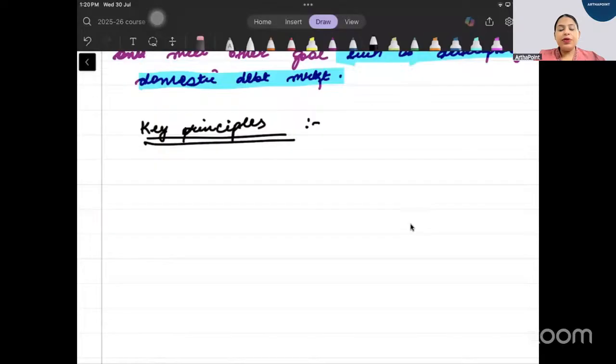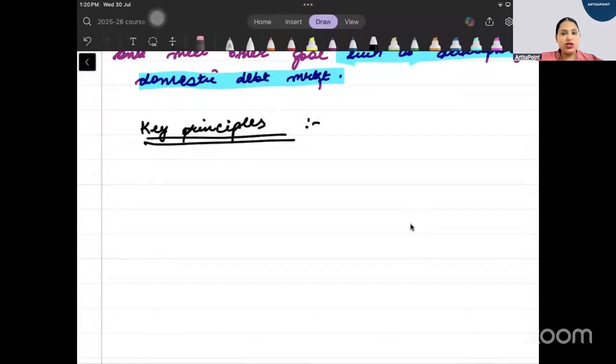So, for example, as I told you, many countries have separate DMOs, separate debt management offices, which only manage the debt of the government, right? Now, the government needs to have coordination with these DMOs. They have to tell them exactly what and why they are raising how many funds. That should be also clear, right? So this whole thing should be very, very clear in the mind of the government, right?